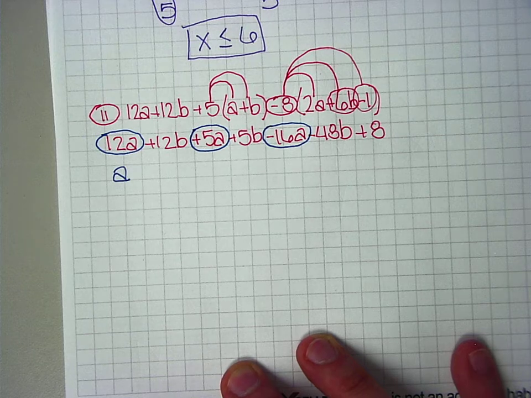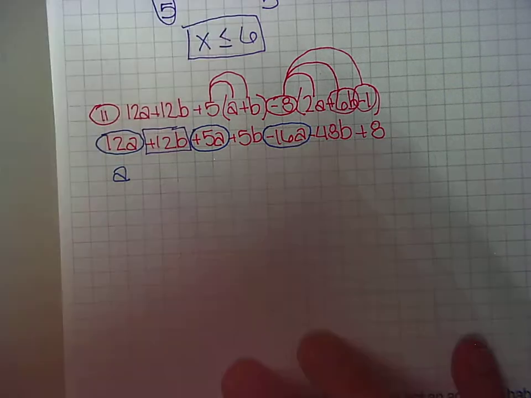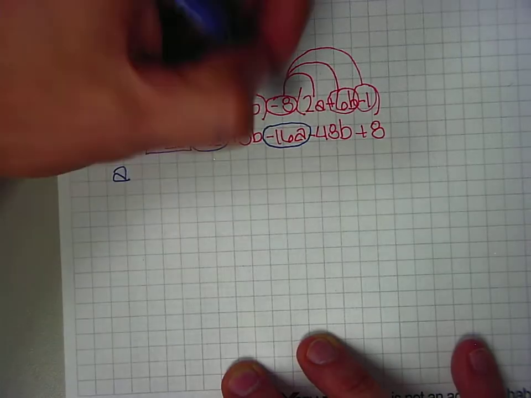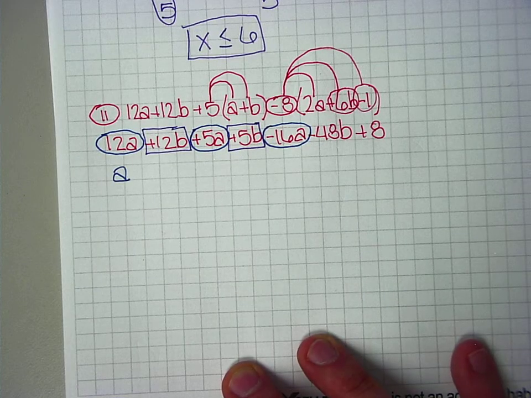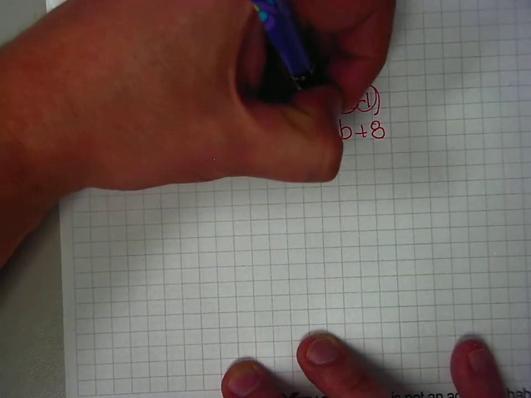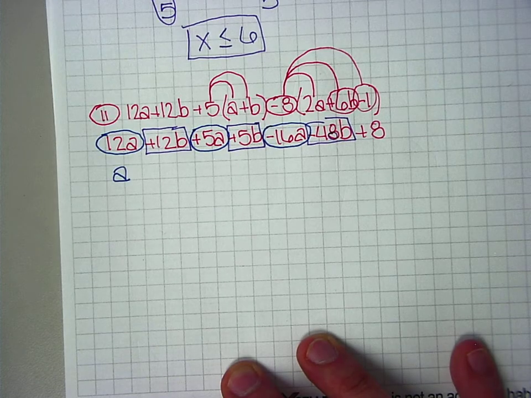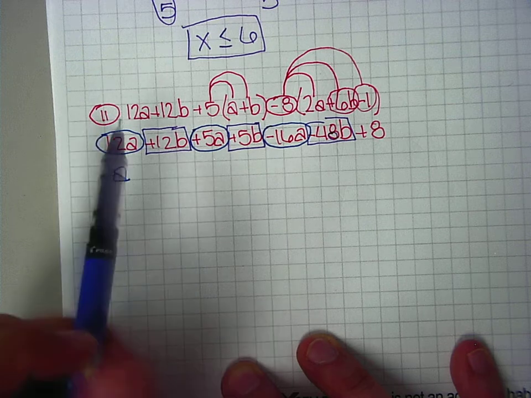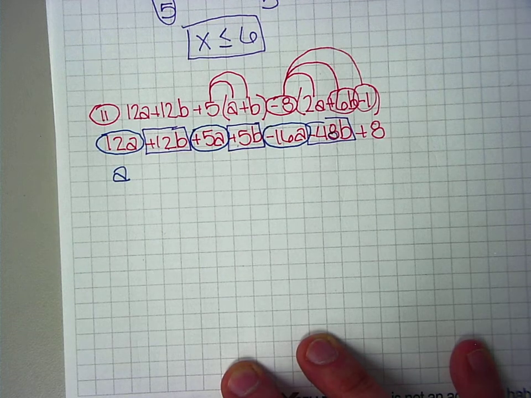Now I'm going to use all my letter b's, condense them, combine all my letter b's together. So I have plus 12 b's on the left, positive 12, plus 5 more b's, so I gain more, that's 17 letter b's. But now I have this minus 48 b's. So now I have to do a little math. I have to figure out what 12 plus 5, which is 17 b's, minus 48 is.